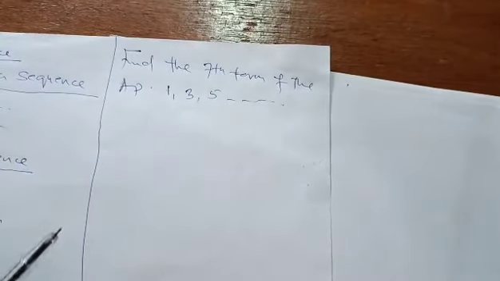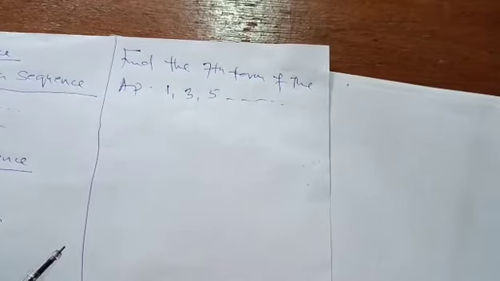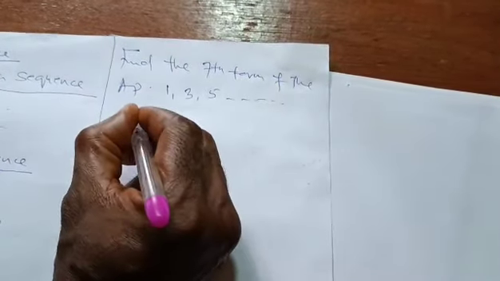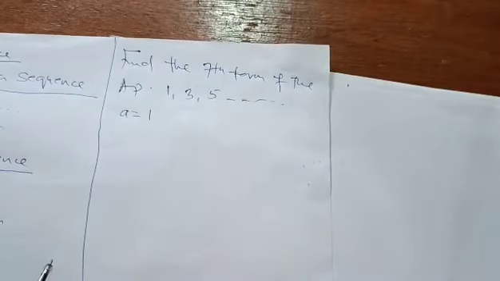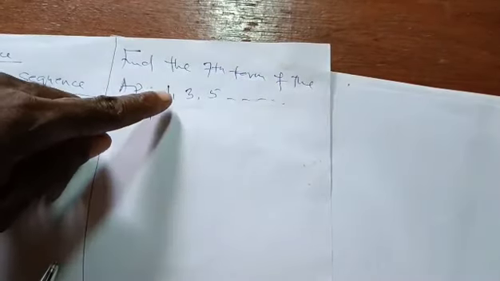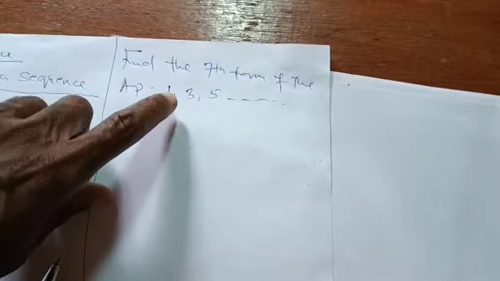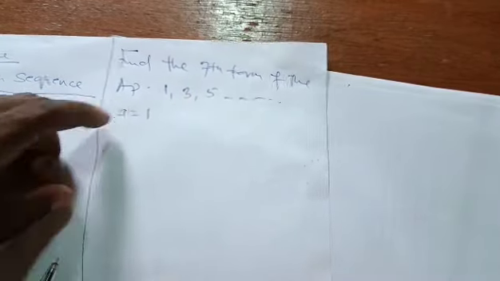In this AP, you can see clearly that our first term, A, is equal to 1. Count this: 1 is the first term, 3 is the second term, 5 is the third term. So here the first term is 1.